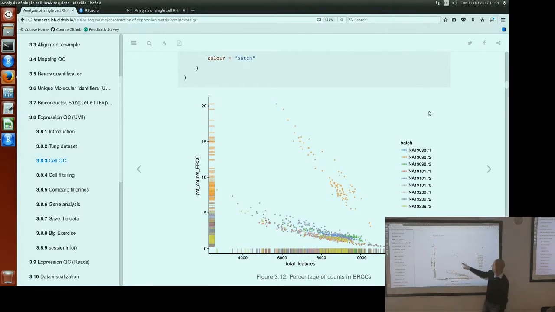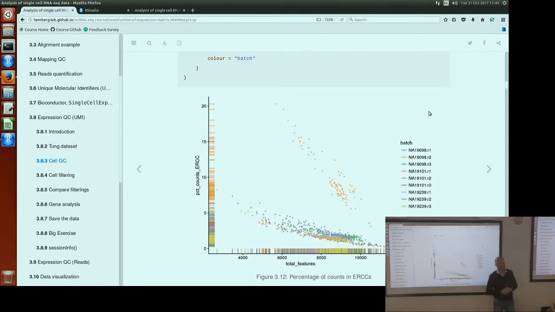But there is one batch, the orange one, where all the ERCCs are much higher than in the other batches. So this is an indication that this batch is different, right? So probably we should remove it, and we will remove it afterwards. We will not consider it. Sometimes something can happen with one batch, and it will be different from others, so we don't want to look at it in the downstream analysis.